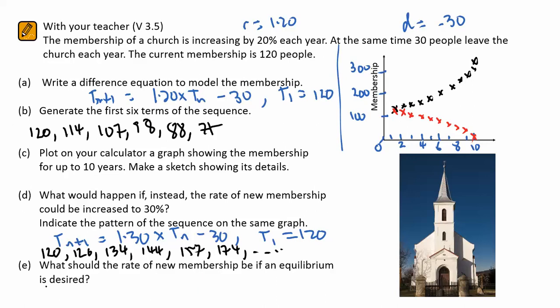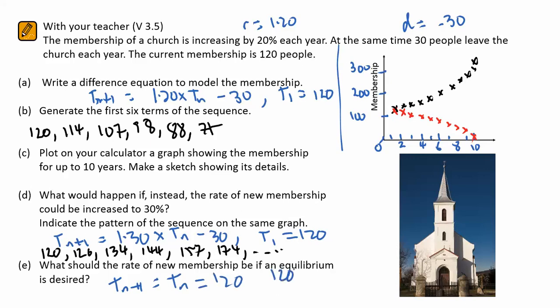Now for part E, rate of new membership if equilibrium is to be established. There's a couple of ways we can go about doing that. The easiest way, however, is to assume the equilibrium, which is T(n+1) equals T(n) equals 120, and we can solve for that.